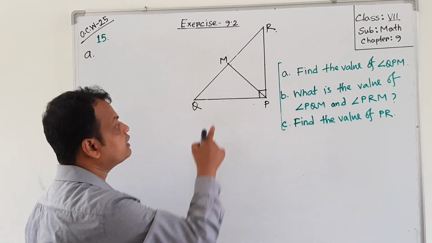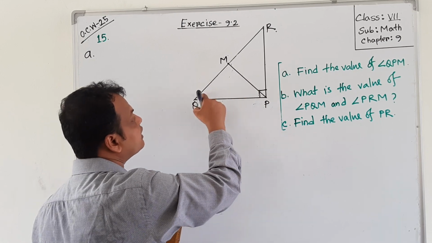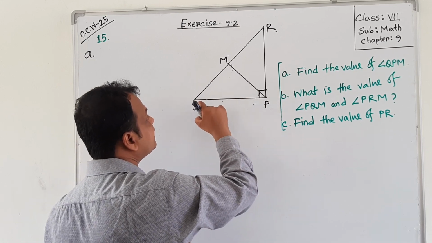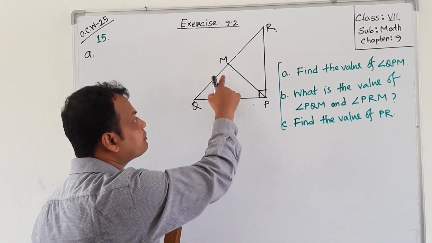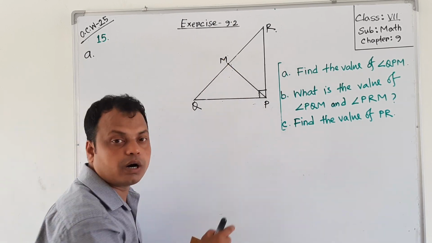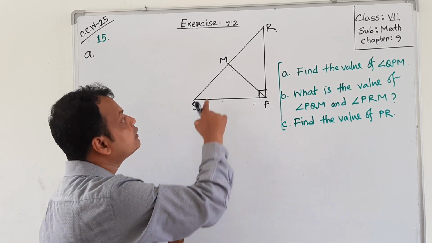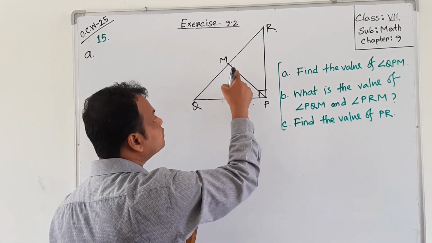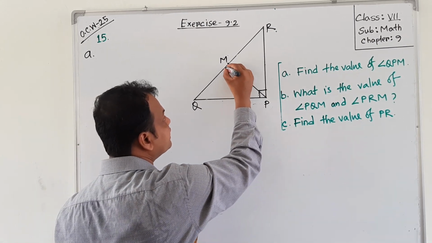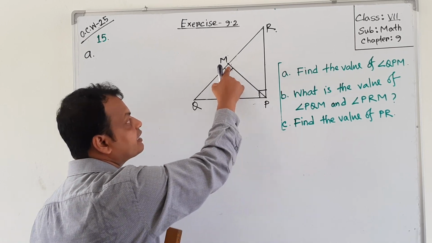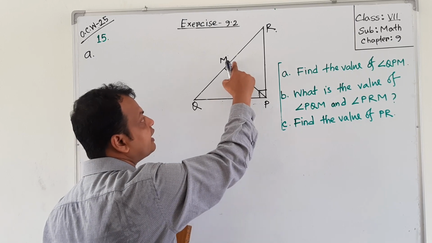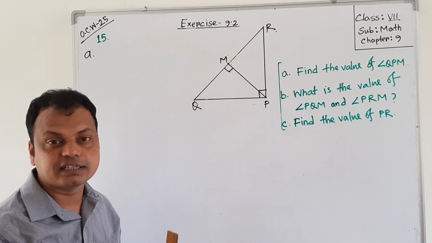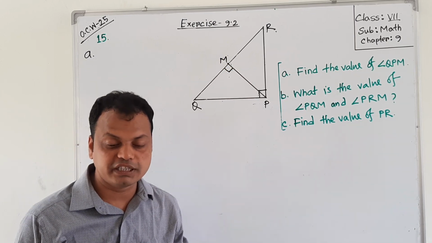This perpendicular PM divides the straight angle QMR into 2 equal parts. That means the value of the straight angle is 180 degrees. This symbol indicates that this angle will be 90 degrees, and this one also will be 90 degrees. So these are the given information in the figure.